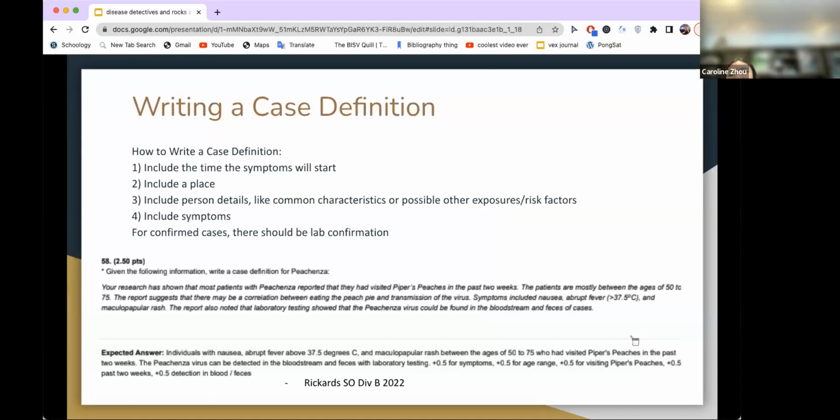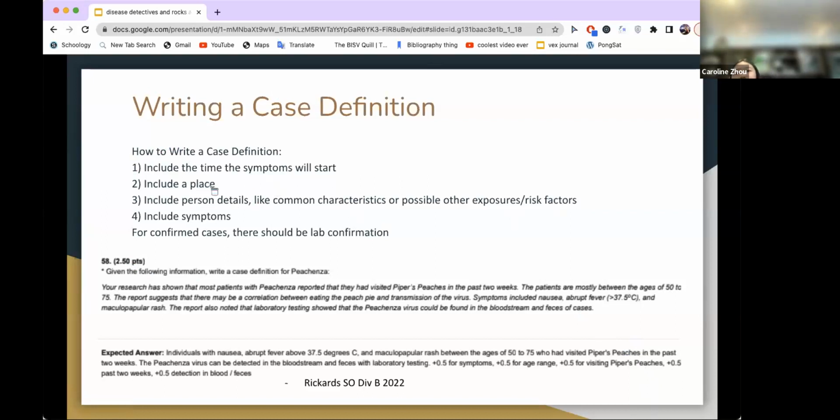Symptoms included nausea, abrupt fever, and maculopapular rash. The report also noted that laboratory testing showed that the Piacenza virus could be found in the bloodstream and feces of cases. Okay, so there's also the answer down here, but to write this case definition, you basically just need to include all of these things and form it into a coherent paragraph.